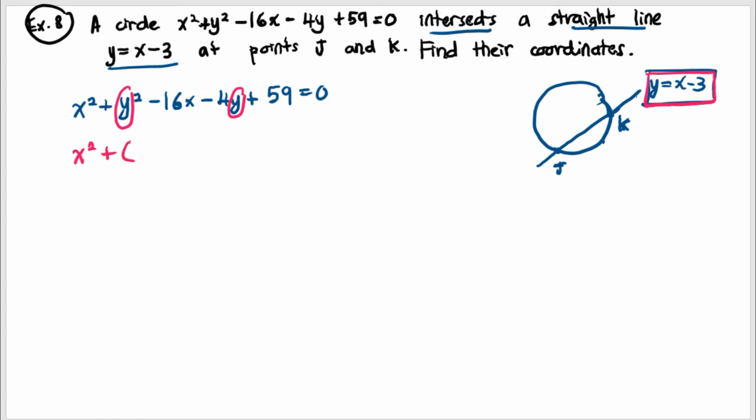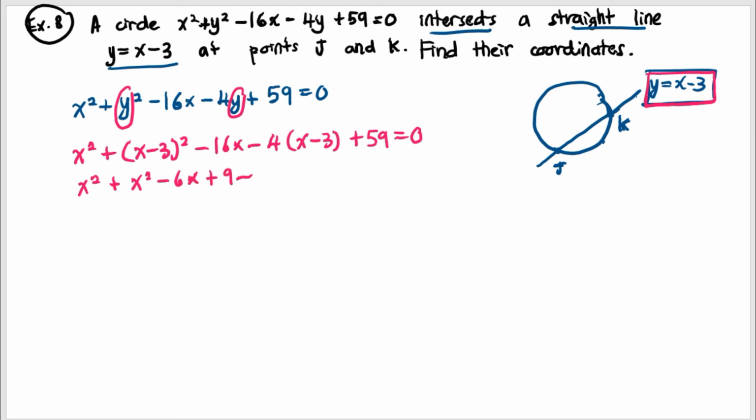So we have x² + (x − 3)² − 16x − 4(x − 3) + 59 = 0. Then we expand this: x² + x² − 6x + 9 − 16x − 4x + 12 + 59 = 0.